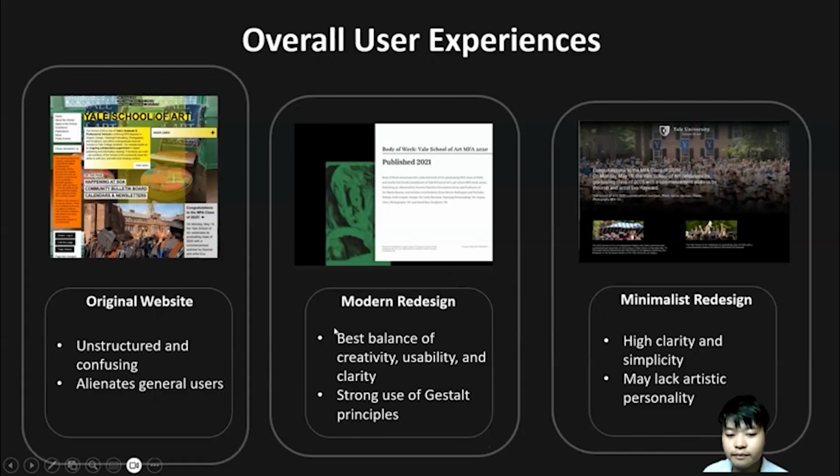And for the modern redesign, we have the best balance of creativity, usability, and clarity, because we use the Gestalt principles very much, like proximity, similarity, and so on. And for the minimalist redesign, we have high clarity and simplicity. We only use the picture and some description for it. But it may lack artistic personality since this is a university school of art, right? So we think that the modern design is more suitable than the minimalist redesign.